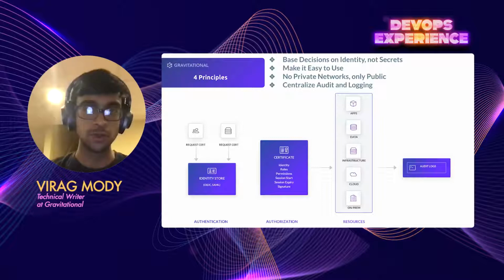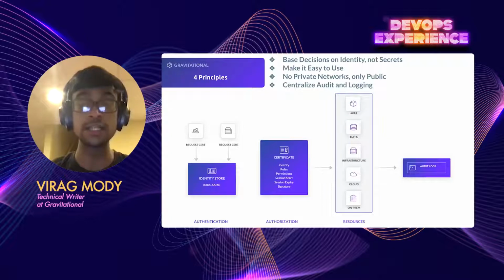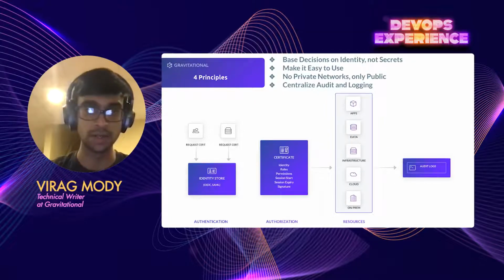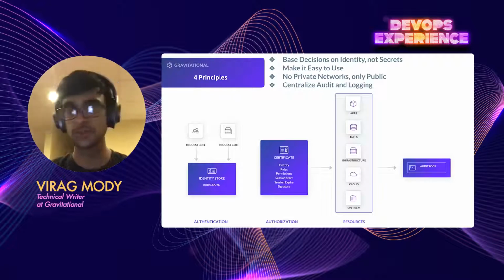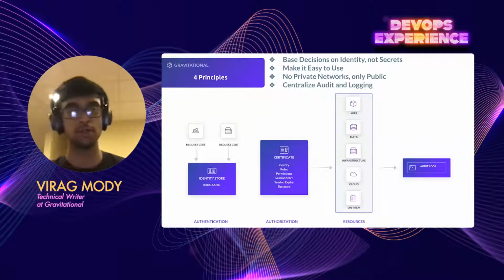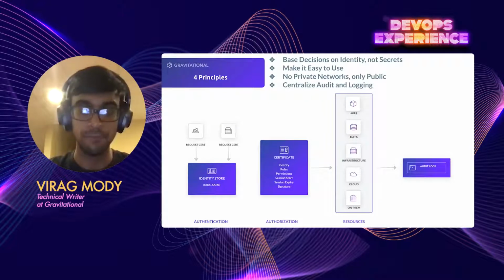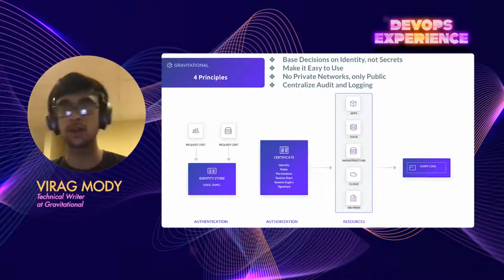So the first principle is base decisions on identity, not secrets. This is, again, probably the most important principle. That's why it's first. Another way to say this is, how can we grant access based on who and not what? And there's good reason to ask this question, right? I see secrets as having two major flaws.